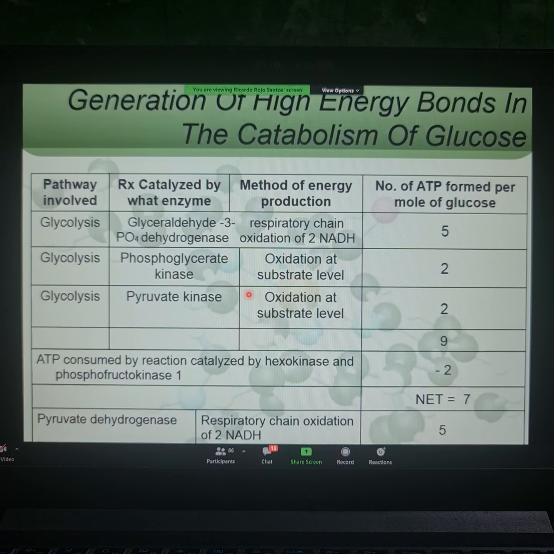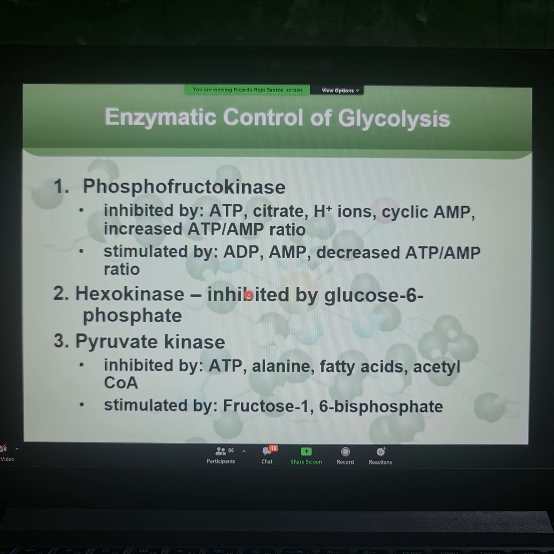I was asked by Dr. Maniwa to prepare 20 questions. I'm going to prepare 20 questions for the glycolysis and pyruvate dehydrogenase reaction combined. And a separate 20 questions for our lecture at 4 o'clock, and that is for the Krebs cycle.